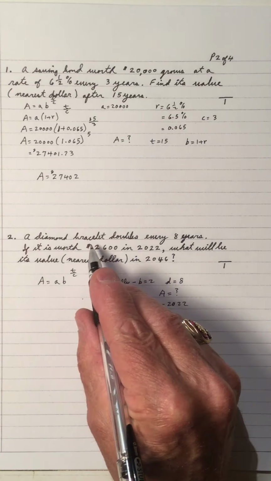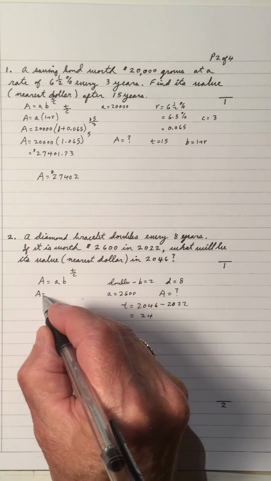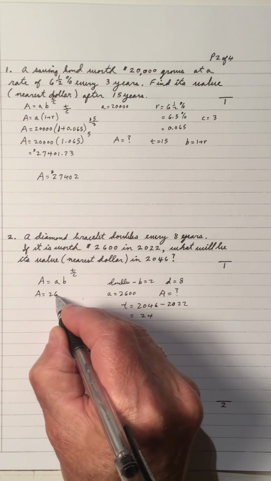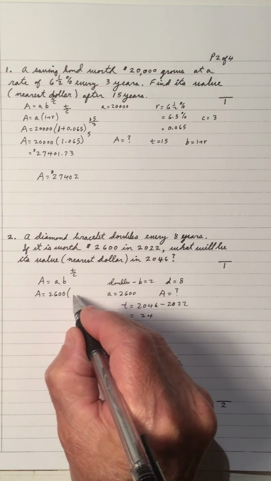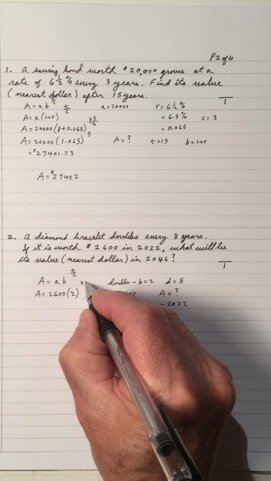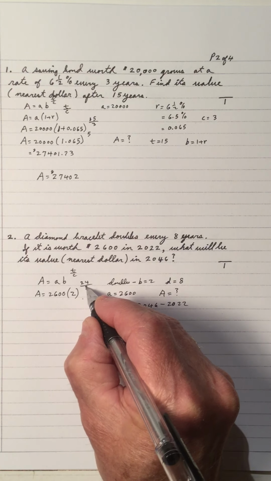And notice it's doubling, so the base is 2. So we have large A is what we're looking for, 2,600, the base is 2, T is 24, and the doubling time is 8.